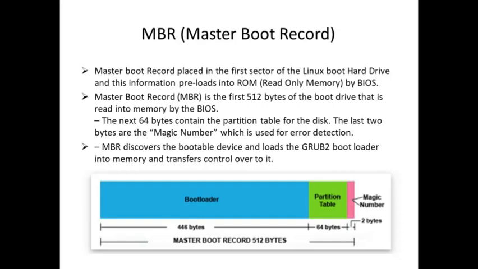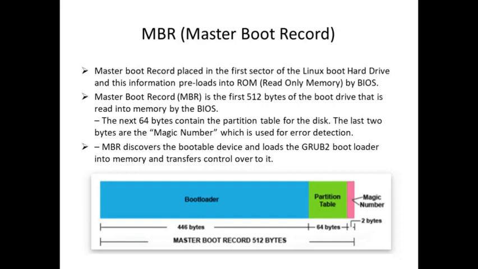The next 64 bytes contain the partition table for the disk. The last 2 bytes are called the magic number, which is used for error detection. MBR discovers the bootable device and loads the grub2 bootloader into memory and transfers control over to it.